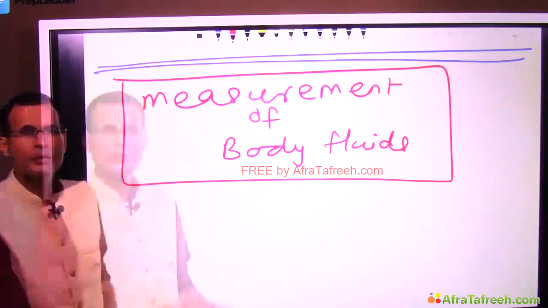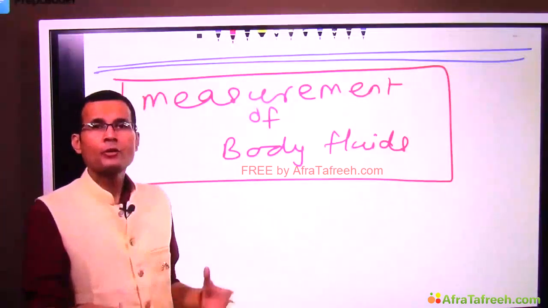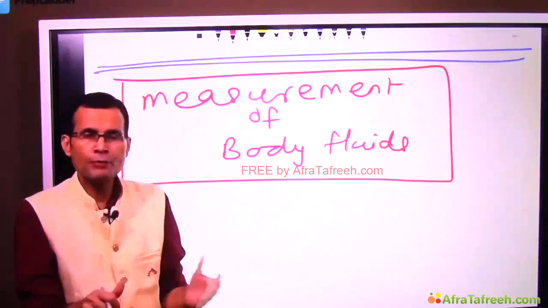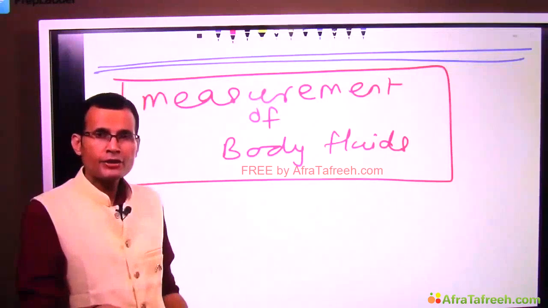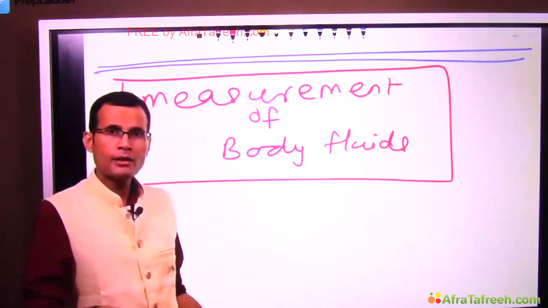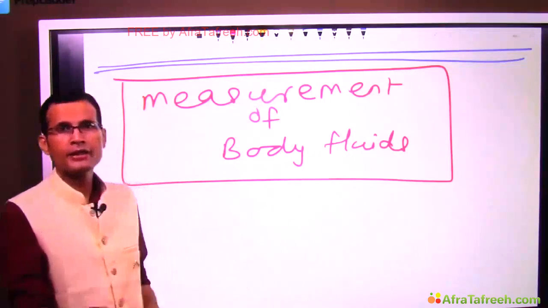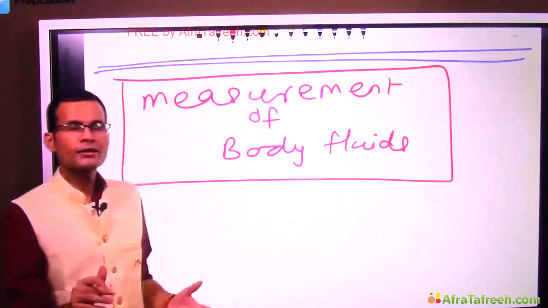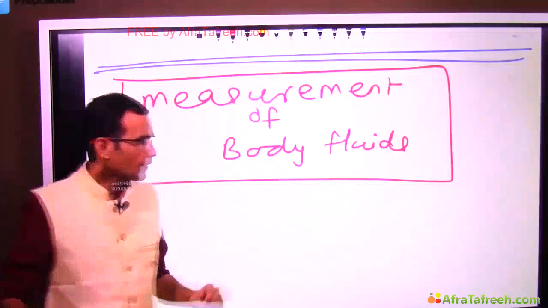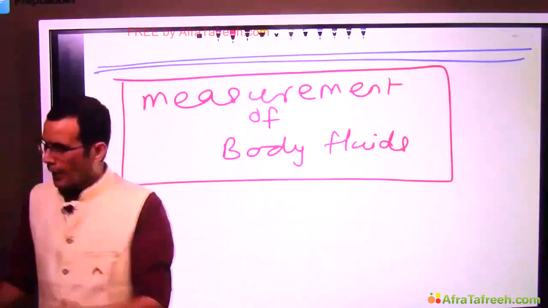Radiolabeled albumin is used to measure which body fluid volume? Is it the ICF? Is it the interstitial fluid? Is it the plasma? Or is it the entire ECF? Of course, the answer is plasma. We will see why and how.